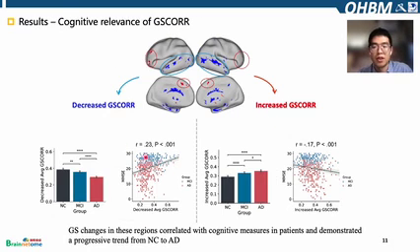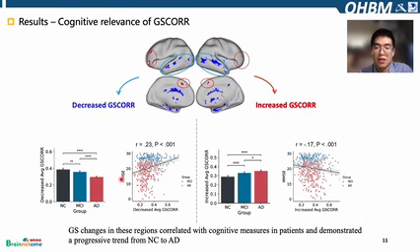Here are the results of the cognitive relevance of GSLR. We extracted the mean GSLR in the decreased area and the increased area. GSLR changes in those regions correlate with cognitive ability and demonstrate a progressive trend from the normal controls to Alzheimer's disease.